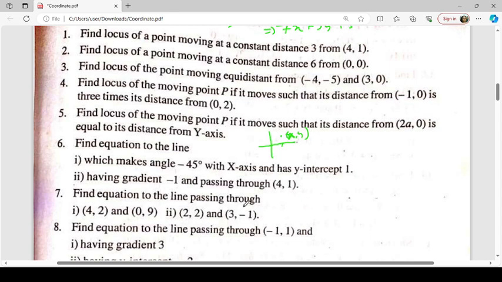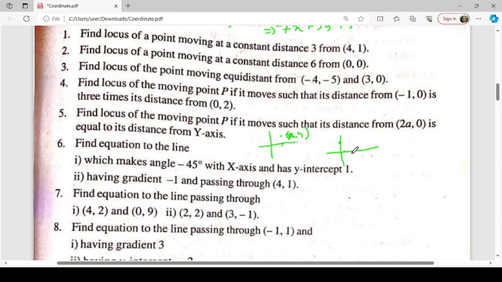Then find the equation of the line which makes an angle minus 45 degree with the x-axis and has y-intercept 1. So c is 1 here and the angle is minus 45 degree, and the line is like this. This is the x-axis, y-axis, y-intercept is 1, this is the point 0, 1.